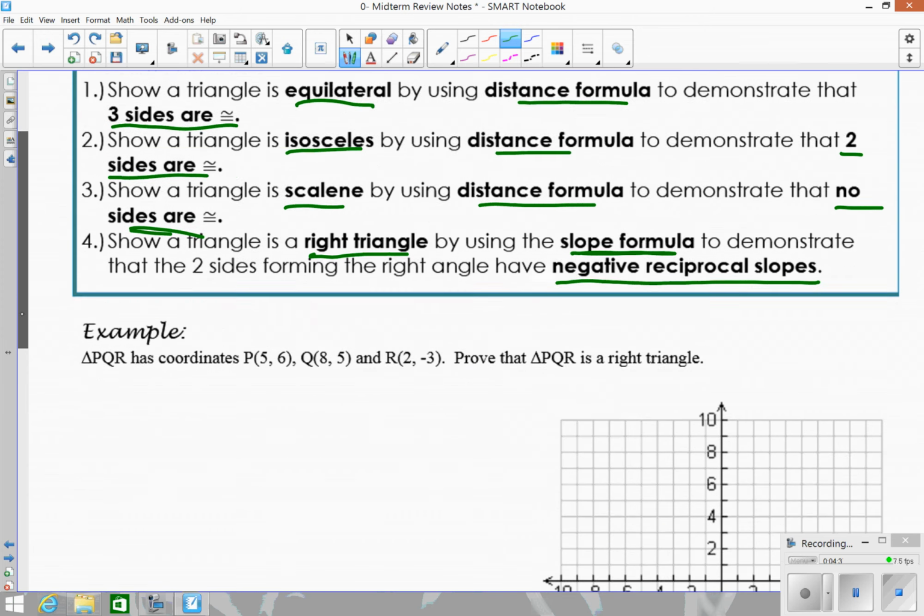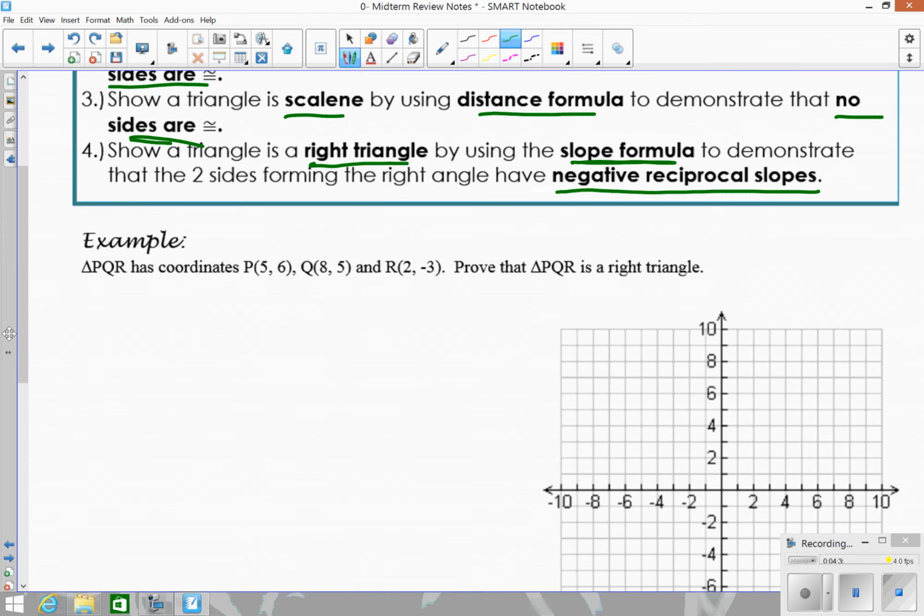So let's actually do the proof for right triangles, just so you can kind of get the idea. So in this example, we want to prove it's a right triangle. So the first thing is I'm going to write out my plan for this.